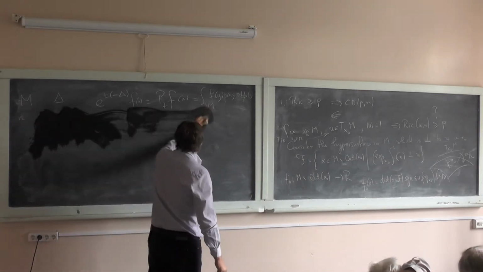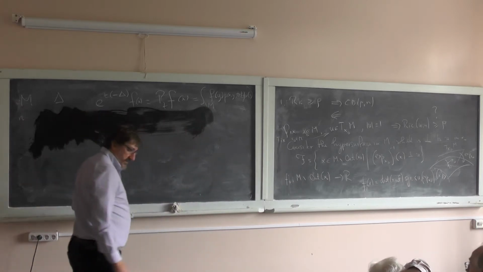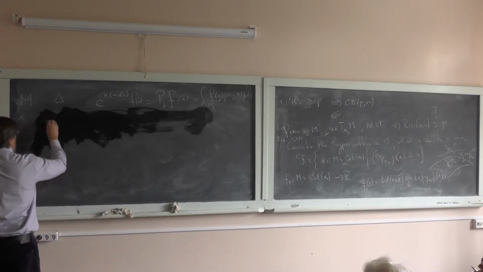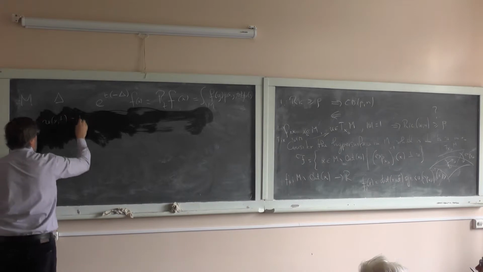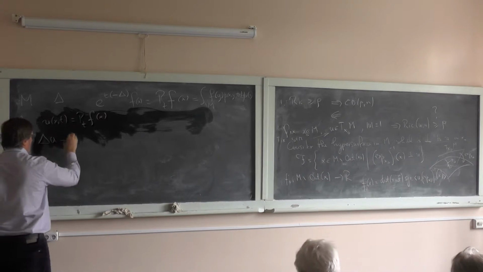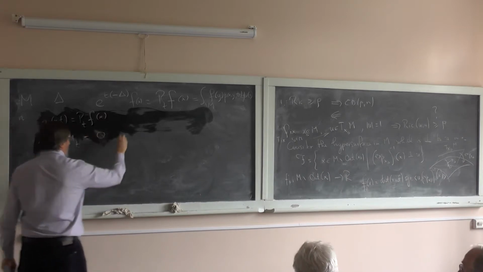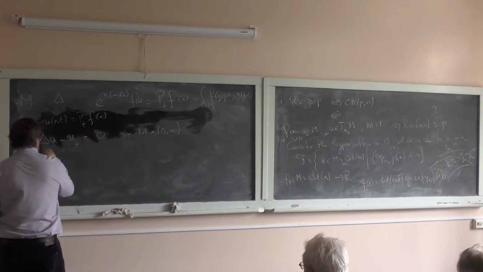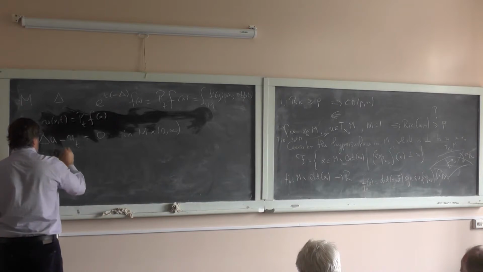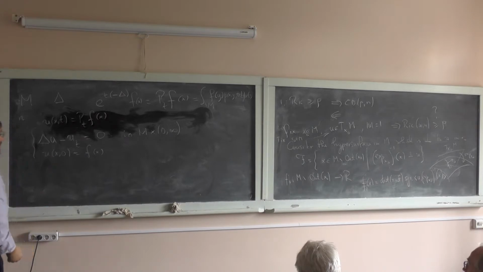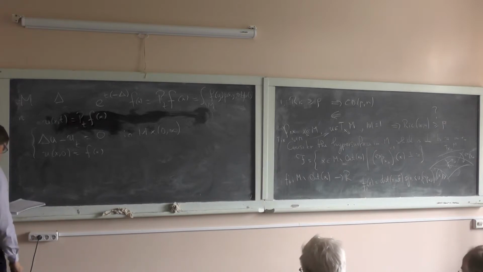Now let me observe that if we look at u(x,t) equal to Pt f(x), then u satisfies the Cauchy problem in M cross (0, infinity), and u at time 0 is equal to f. At least if f is sufficiently okay. I cannot take f too wild at infinity.